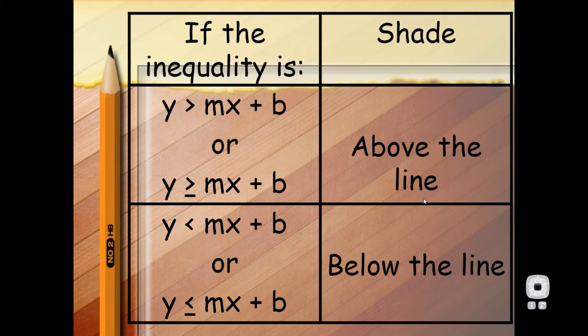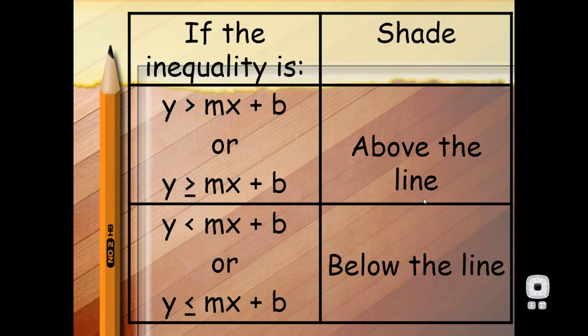So after we have graphed a line, and we've determined when we graph that line whether it's supposed to be a solid line or a broken line, then the actual solution for an inequality is a whole region, and we shade either above the line or below the line. We have to shade the region that line is a boundary for.